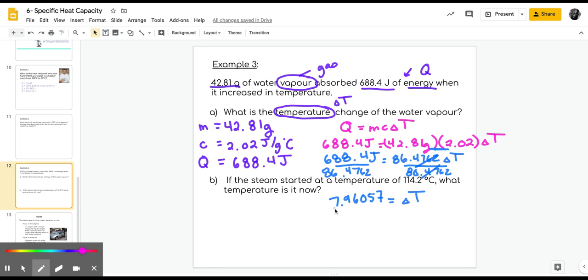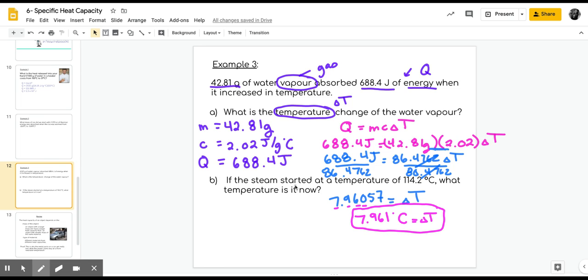Which means the number right beside my last sig dig influences my rounding. So this becomes 7.961 degrees Celsius because the 5 makes the 0 go up. Okay, so there is my answer for delta T. So that's my change in temperature.